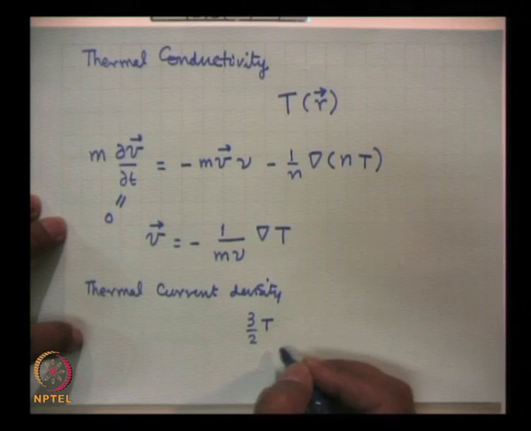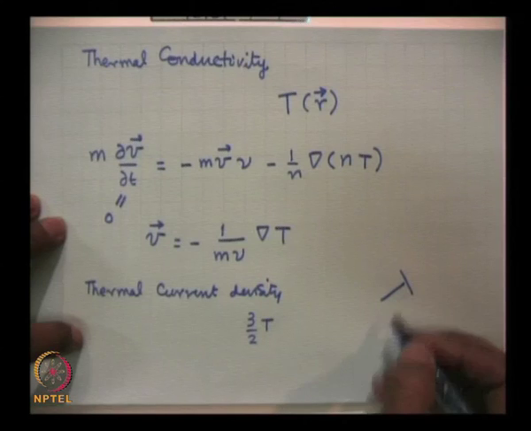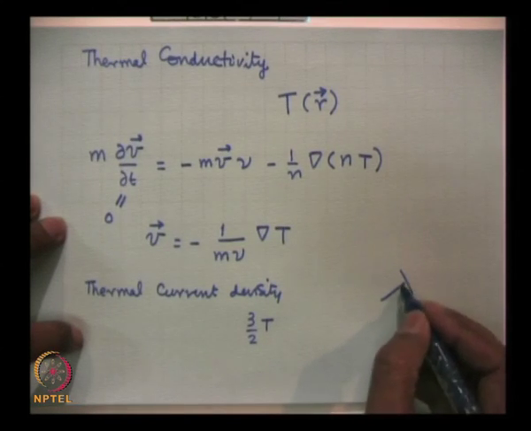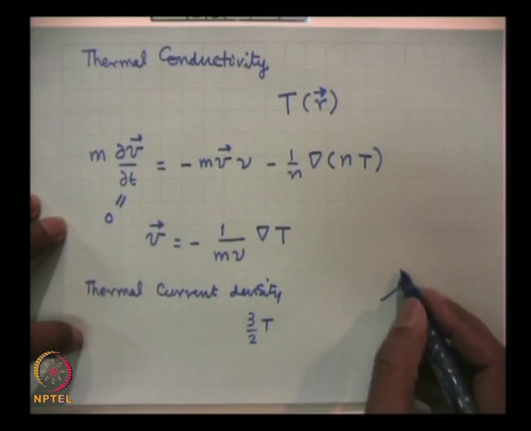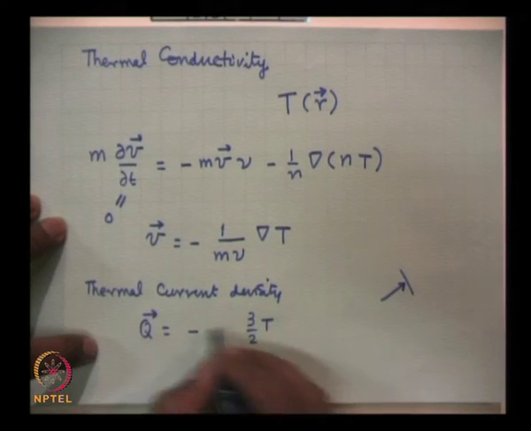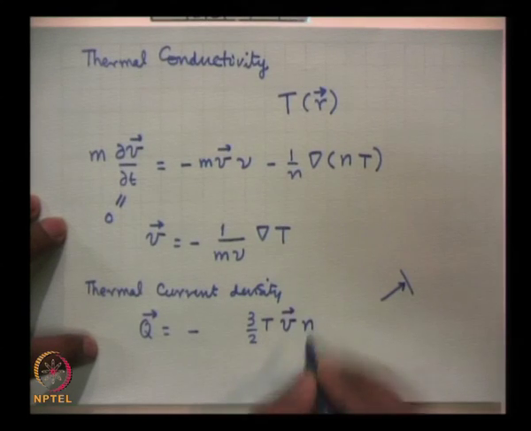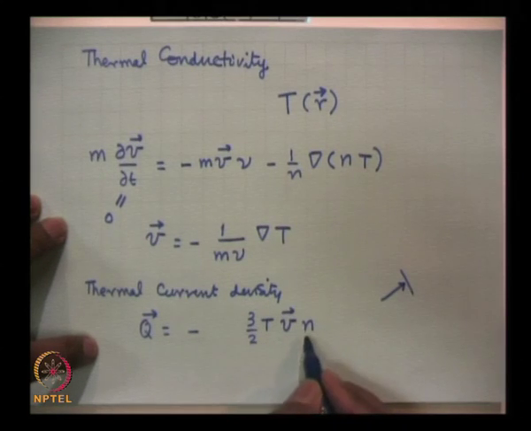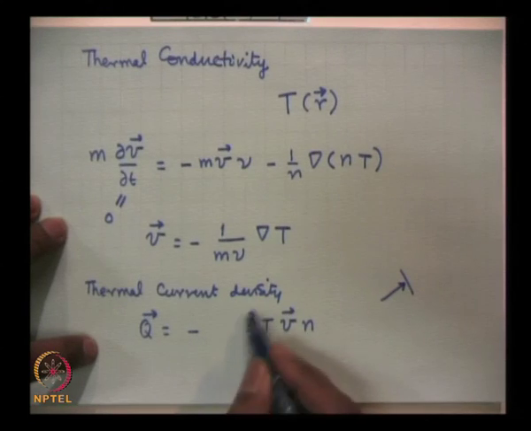Suppose the temperature is varying in this direction and the heat is flowing in this direction, then in 1 second how much heat is crossing this area, that is called Q, and this will be simply this energy into velocity into the number of particles it is carrying. This is like nqv, but the electron charge is not flowing, it is the electron energy that is going. So, I just put this quantity there.